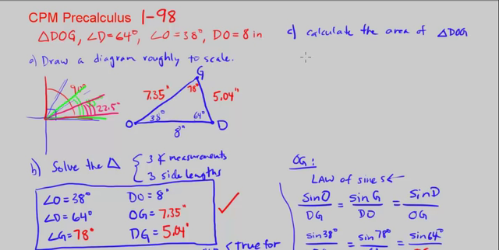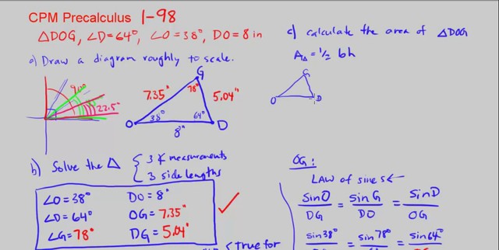Okay, so we know the area of a triangle. The area of a triangle is just 1/2 base times height. So if we look at the triangle, we could look at any side being the base. For example, if this triangle were to rotate, it could look like this. So far we have O, D, and G, right?